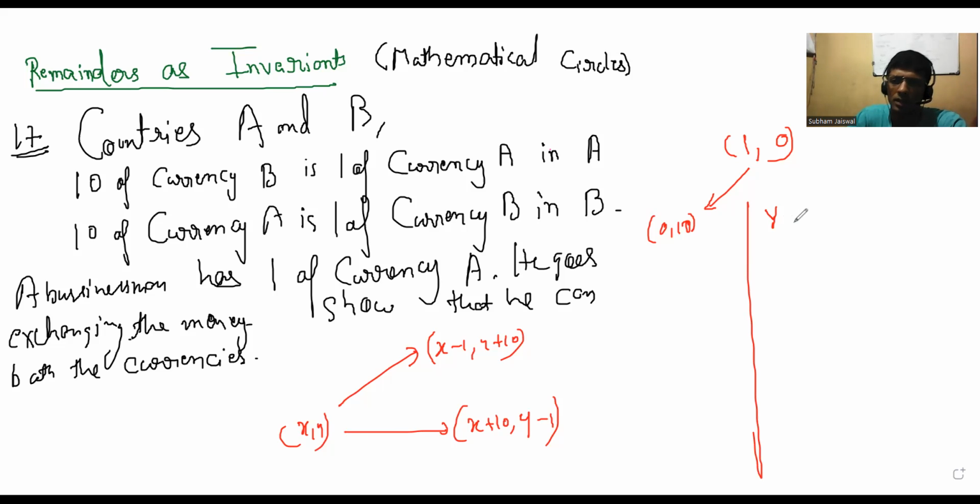Okay, so when you say x comma y, you mean that he has x of currency A and y of currency B, right? X of A and y. Okay, opposite. Okay, x of B and y of A.